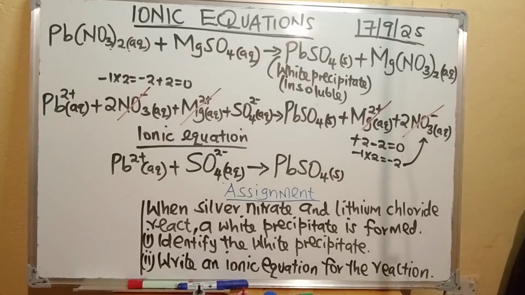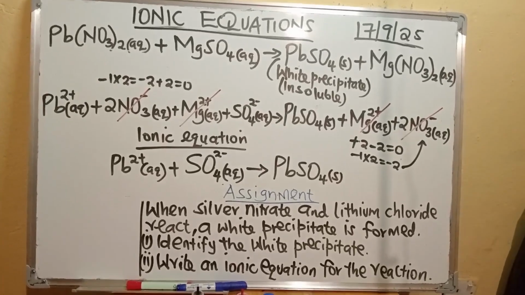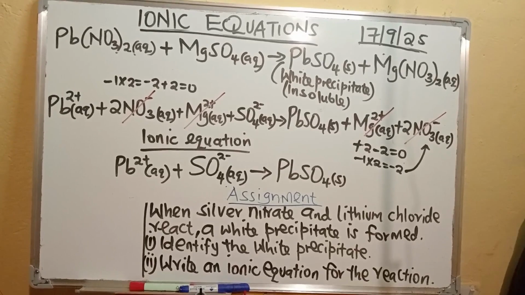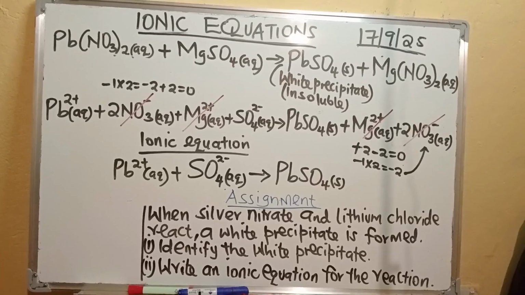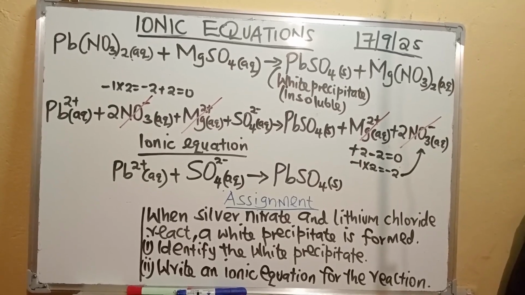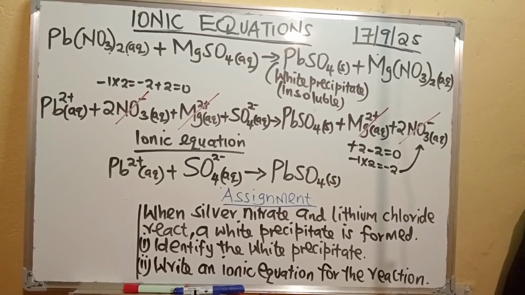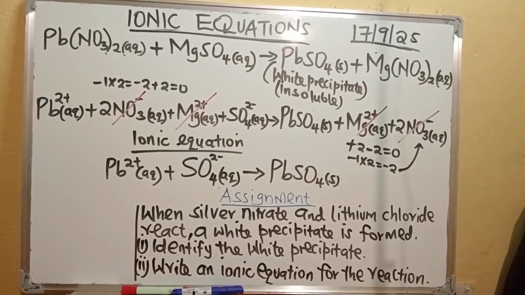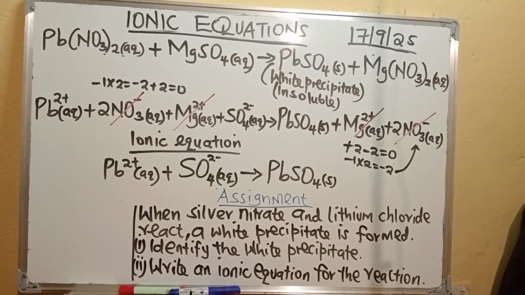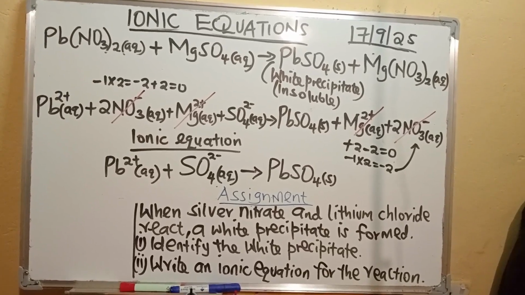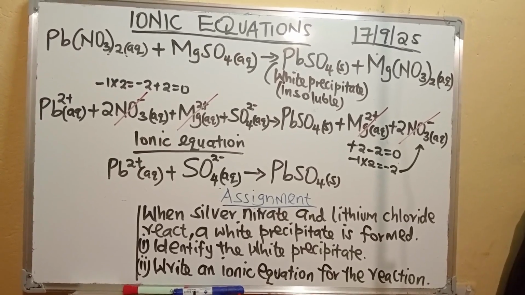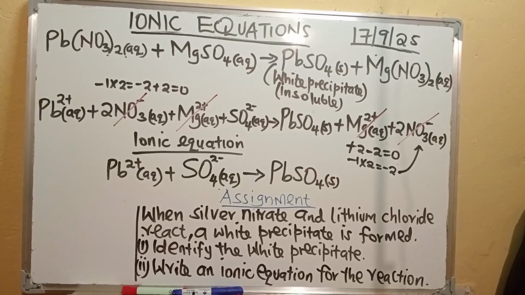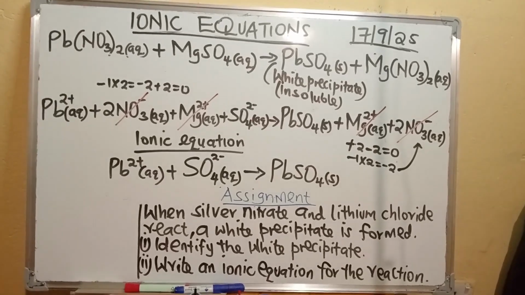And so finally we have the ionic equation, where we have Pb 2 positive aqueous reacting with SO4 2 negative aqueous to get lead 2 sulfate in a solid form. So that is the precipitate, and that is the insoluble salt. Remember, ionic equations are formed during precipitation reactions.